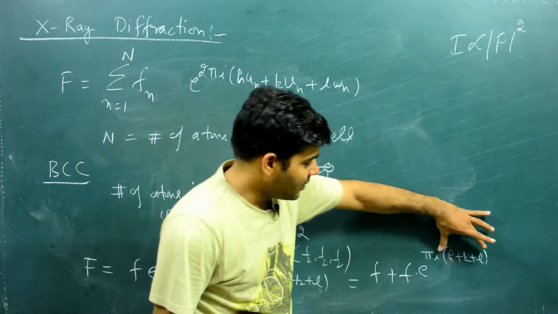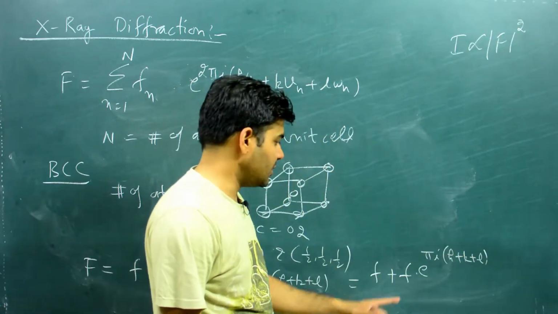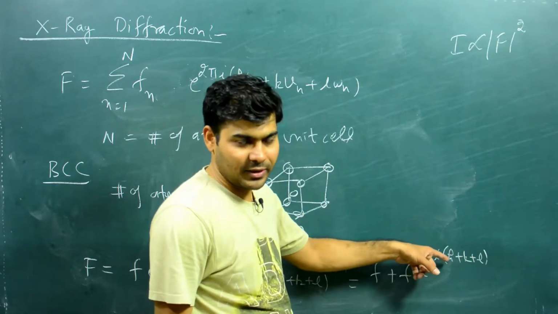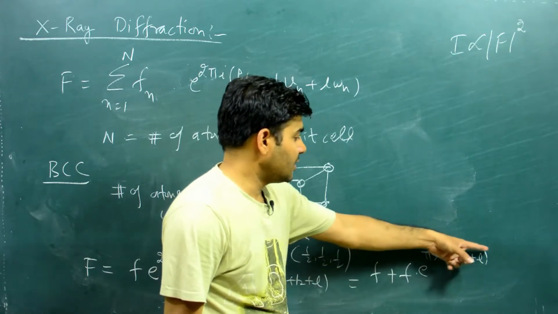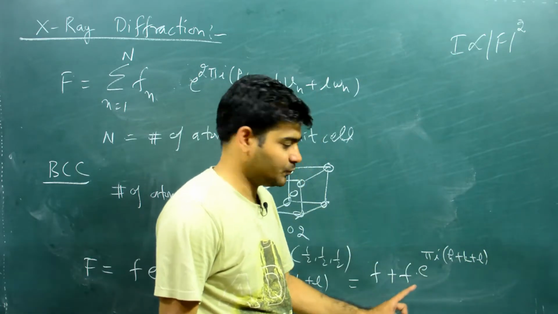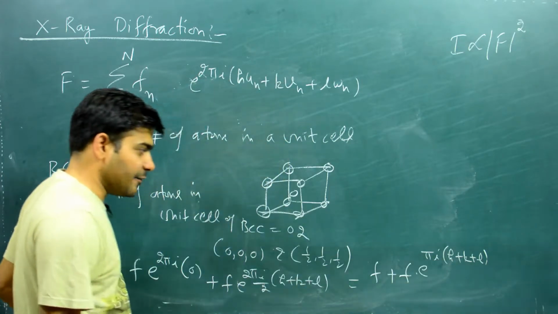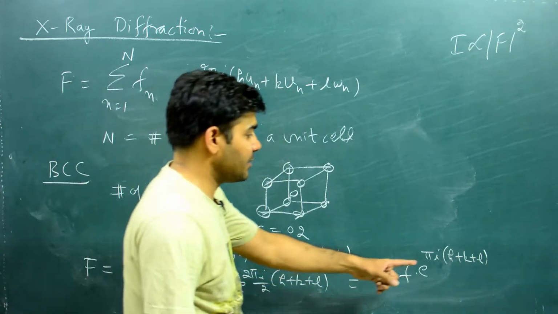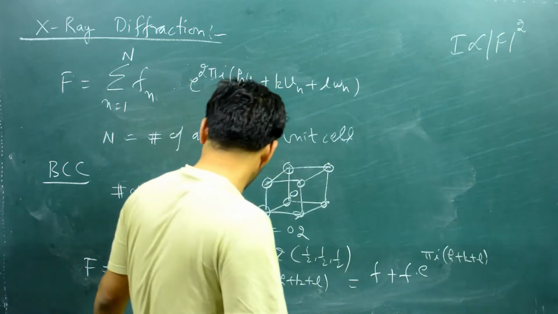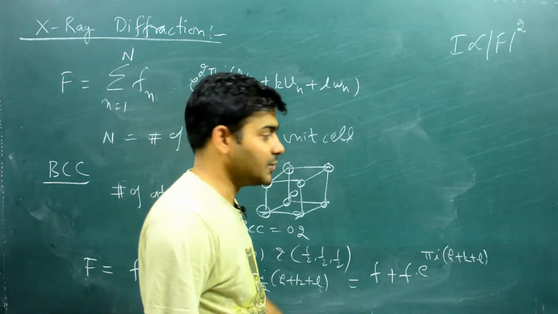But if h plus k plus l is an odd number, we will have an odd number times pi iota, which will give me this factor as minus 1. So f minus f would be 0. So capital F would be non-zero for h plus k plus l even, and 0 for h plus k plus l odd.